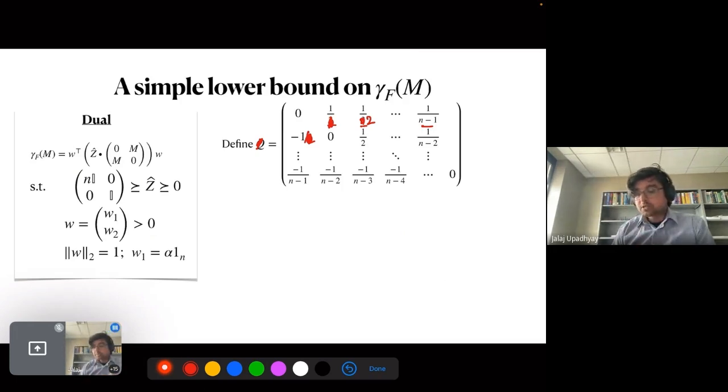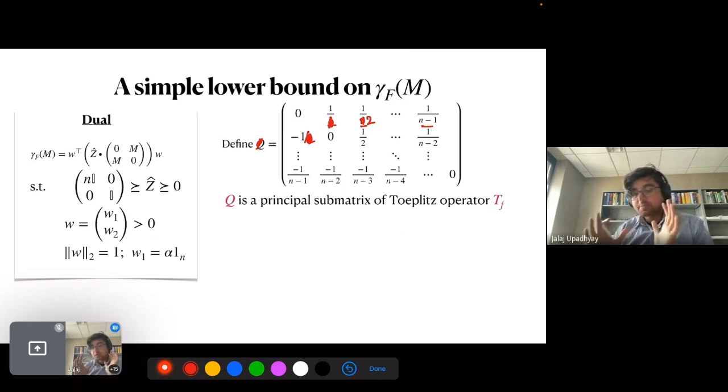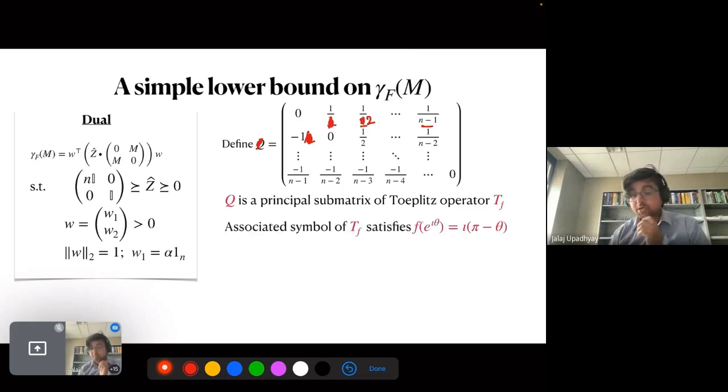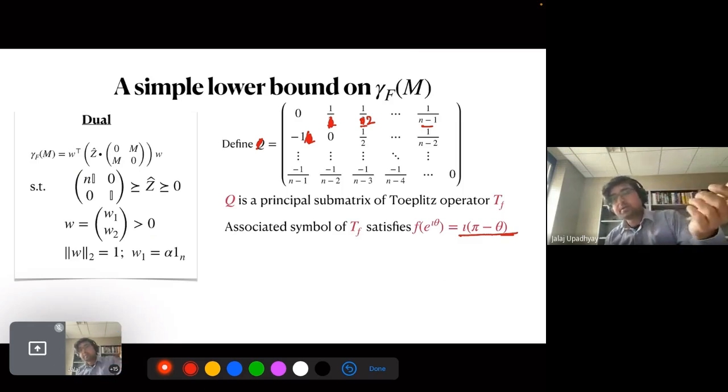The reason to pick this matrix is that it is a principal submatrix of a nice Toeplitz operator. And this Toeplitz operator has a very beautiful property: its associated symbol has a very nice Fourier expansion. Once you have this, we can just pull out a deep result from Toeplitz algebra, saying what its spectral norm would be.